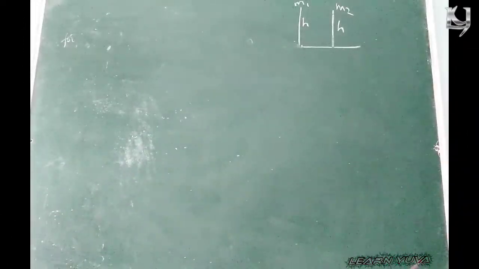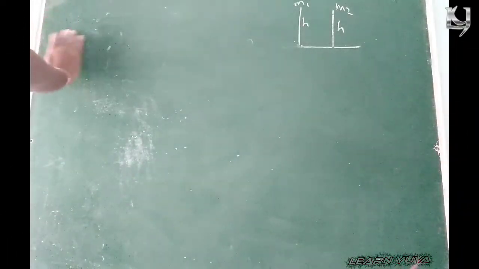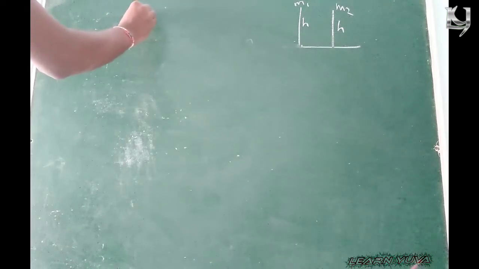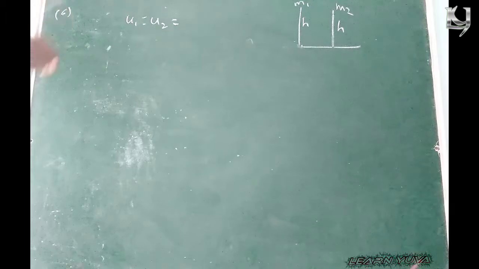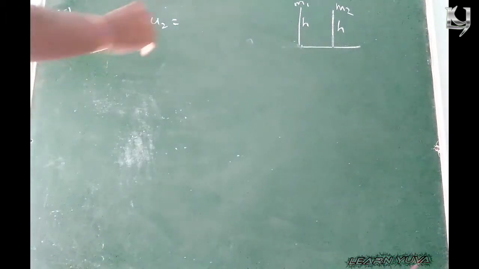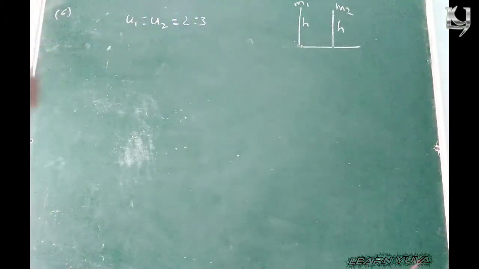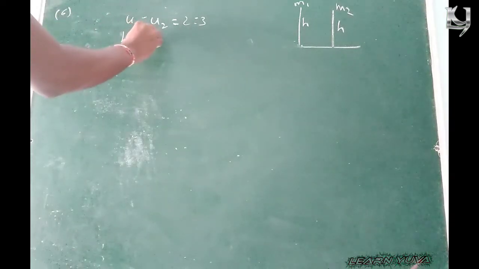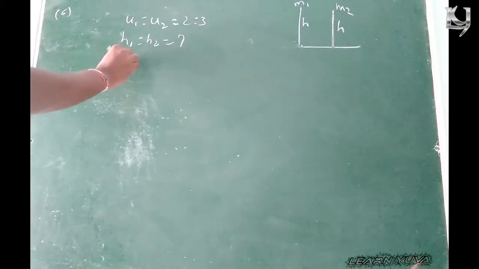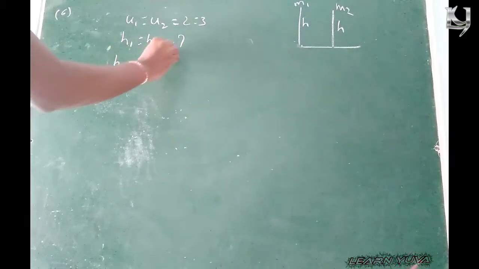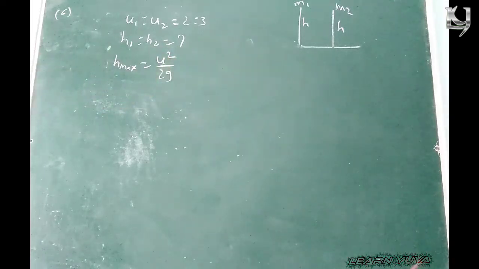The ratio of initial velocities of two bodies u1 is to u2 is equal to 2 is to 3. Then the ratio of the maximum heights h1 is to h2 we have to find out. So by h max is equal to formula u square by 2g.